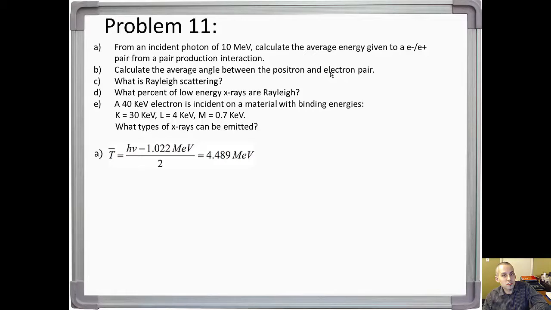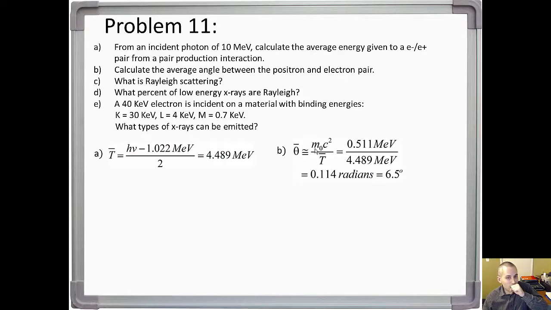Once again, let's utilize the formula. So m0c² is 0.511 MeV. I can utilize the average kinetic energy that we calculated and place that in. Now, watch out when you're performing this calculation with respect to your calculator.